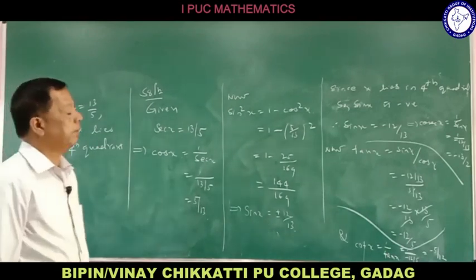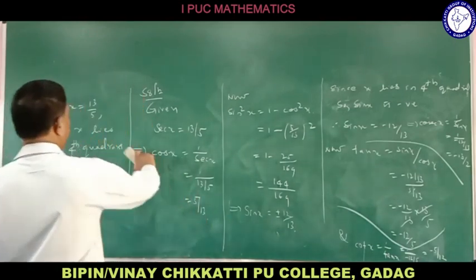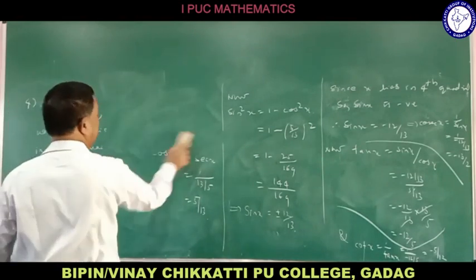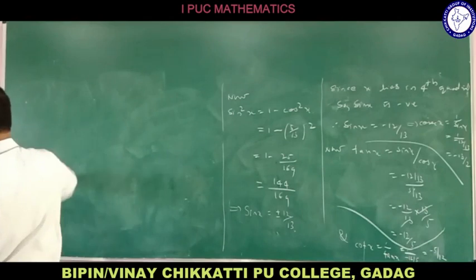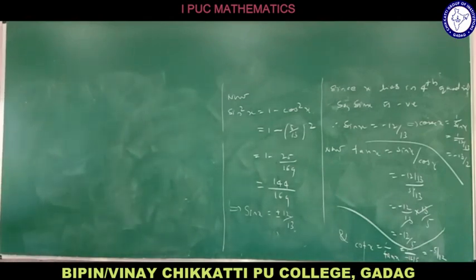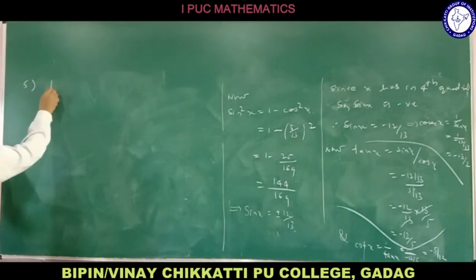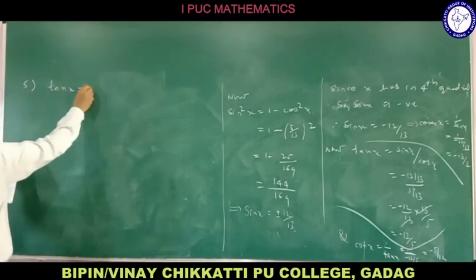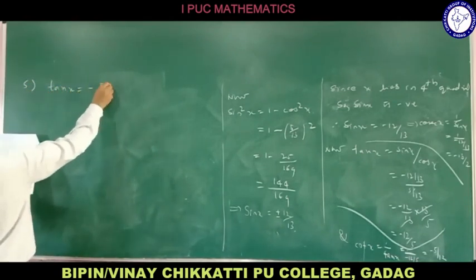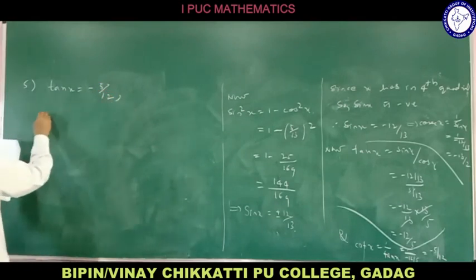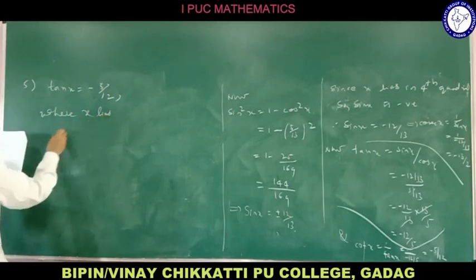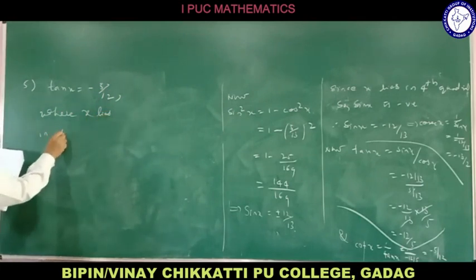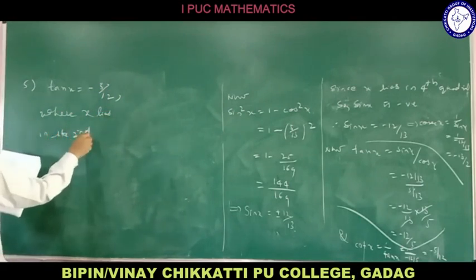Now I am going to explain number 5, because all the problems are totally familiar to you, and accordingly you can write them. Number 5: tan x is equal to minus 5 by 12, where x lies in the second quadrant.